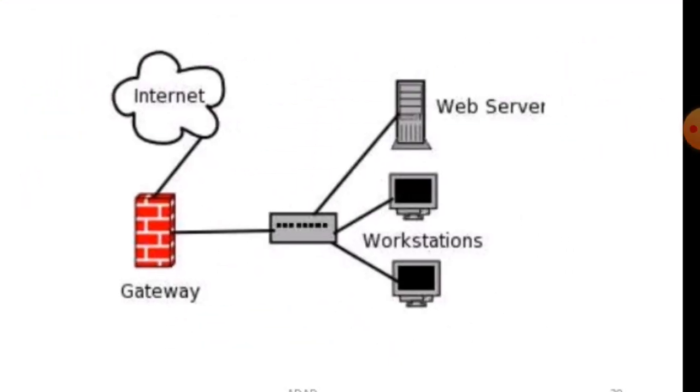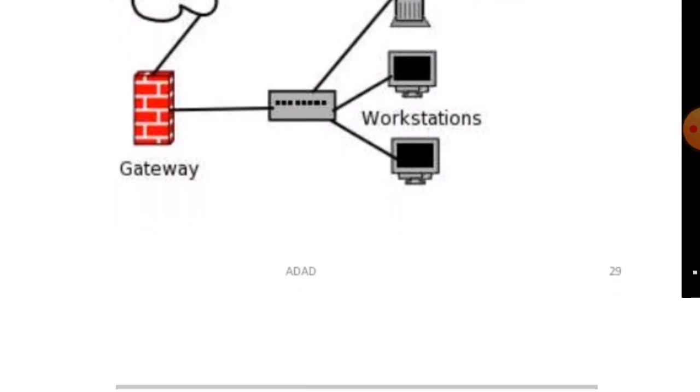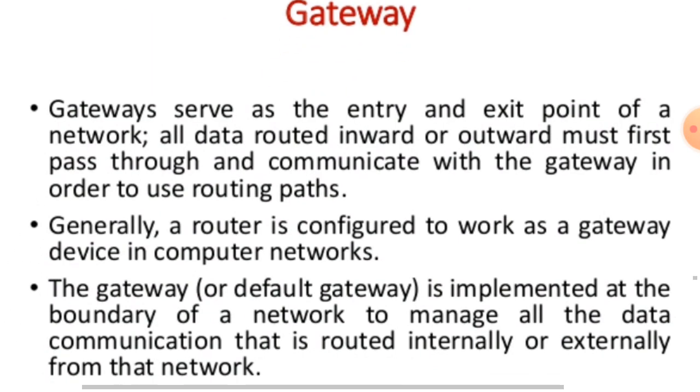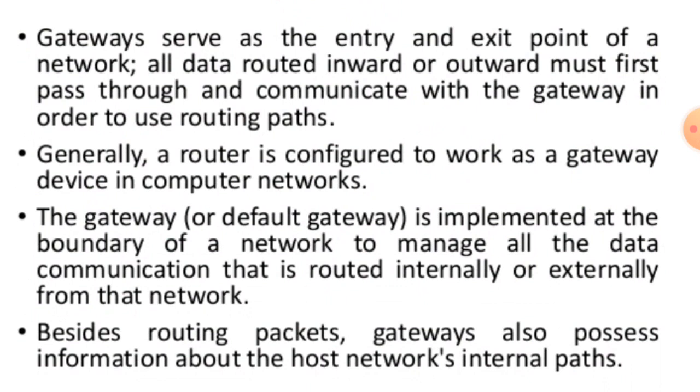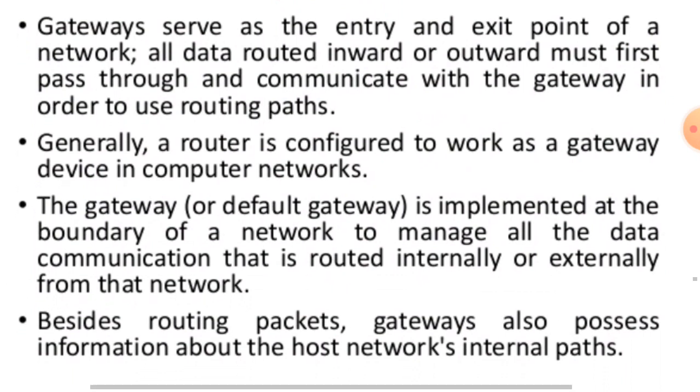So you can connect a gateway in a network. In this picture you can clearly identify that gateways serve as the entry and exit point of a network. All data routed inward or outward must first pass through and communicate with the gateway in order to use routing paths.